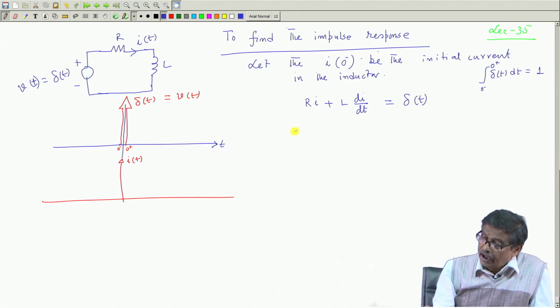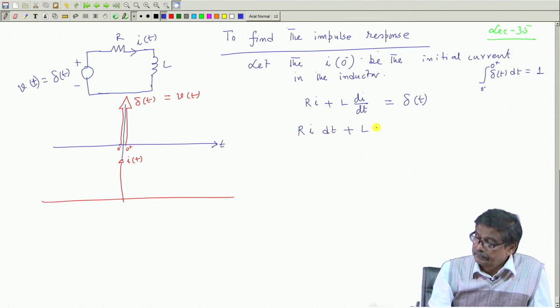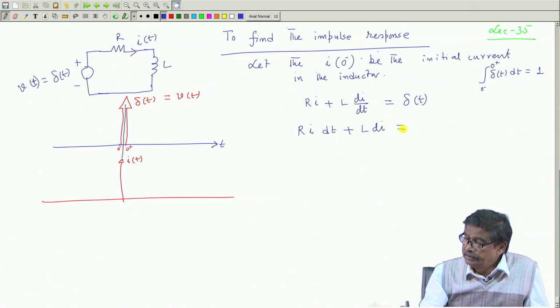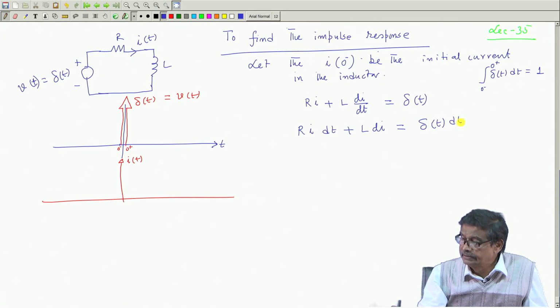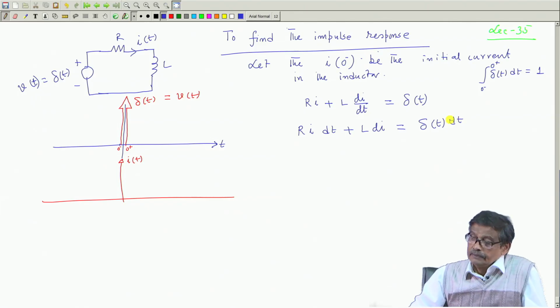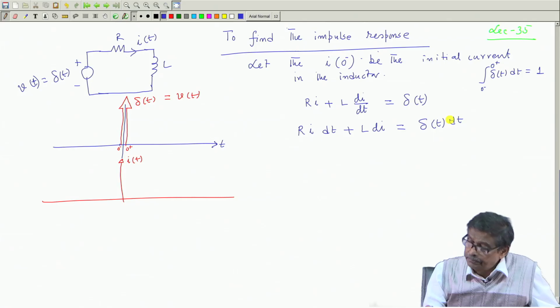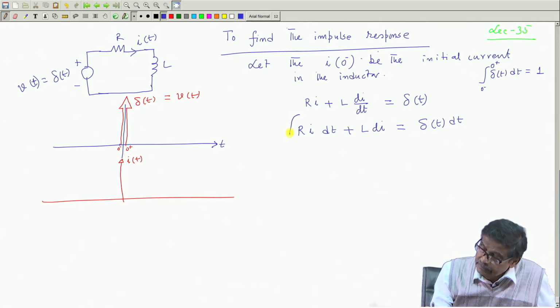To do this I multiply both sides by dt, and this will be equal to delta(t) dt. This I can do, and then I will integrate both sides from 0 minus to 0 plus.